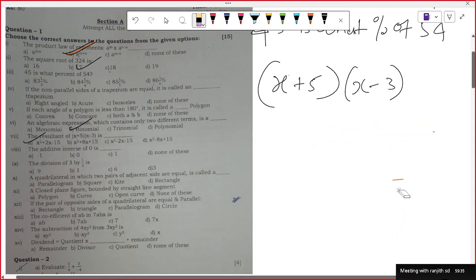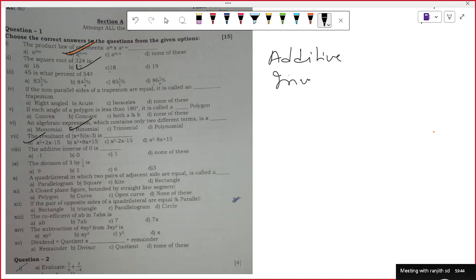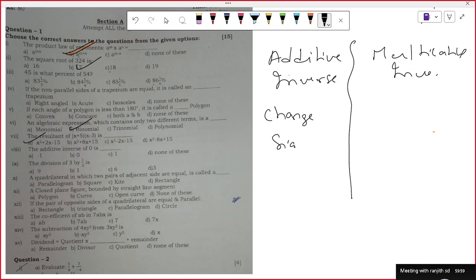What is additive inverse? We change the sign. And what's the other one? Multiplicative inverse. For additive inverse, we only change the sign.